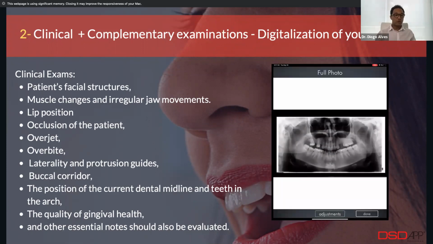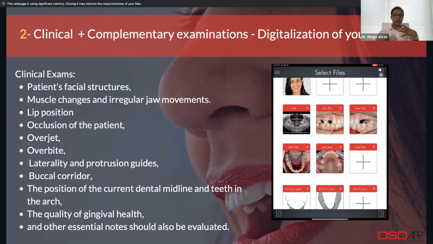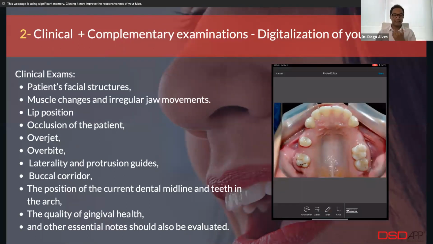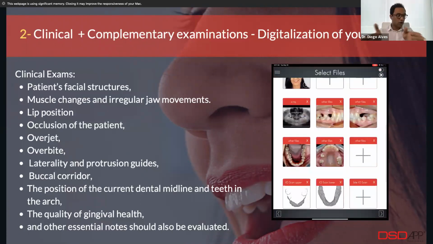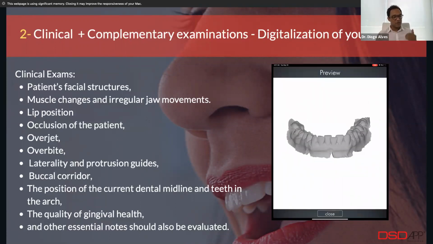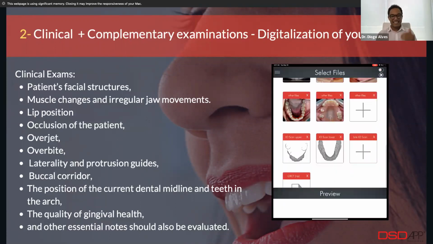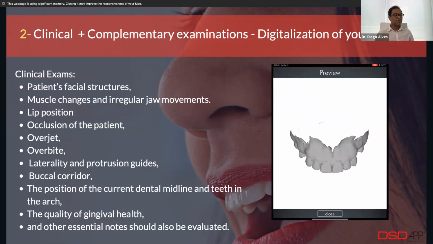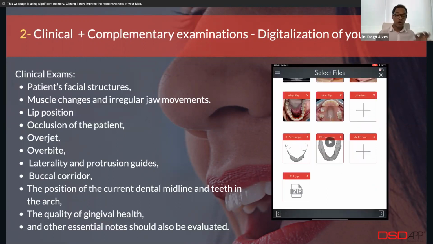You would have to analyze the position of the lips when the patient is at rest or smiling. Check the occlusion, the overjet, the overbite, the protrusion guides and lateral guides. Analyze the buccal corridor, the position of the current dental midline and teeth in the arch, the quality of the gingival health, and any other notes you find important in order to give the patient that technique.